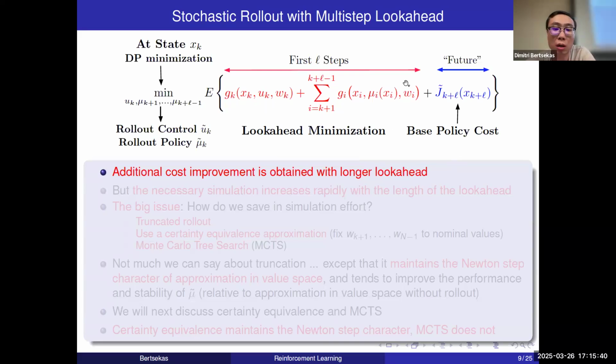So with longer lookahead, the less we rely on the terminal cost approximation, the better our rollout policy is in terms of its cost. But as we have seen in our preceding lectures, there can be exceptions. Some are artificially created academic examples, but in the most likely sequence situation, we do see that with multi-step lookahead we get worse performance.